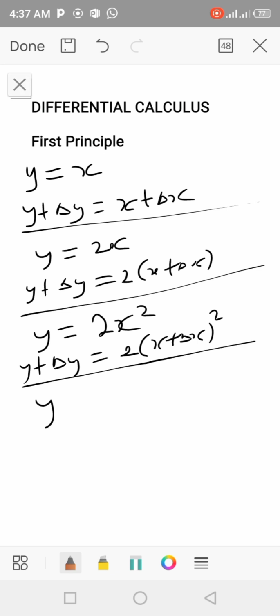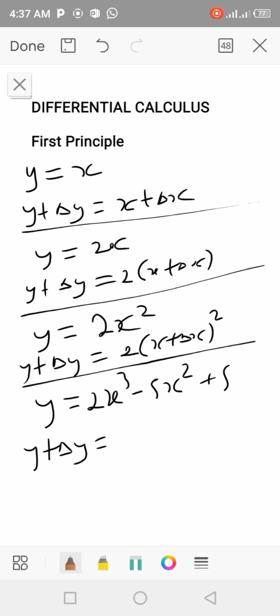Then if y equals 2x cubed minus 5x squared plus 5, then y plus changing y is equal to, now you are going to put x plus changing x everywhere you find x.